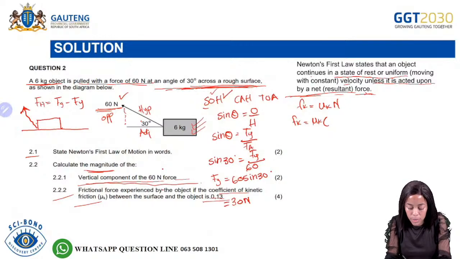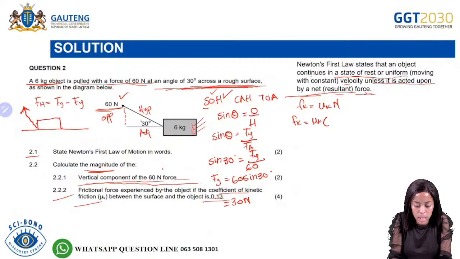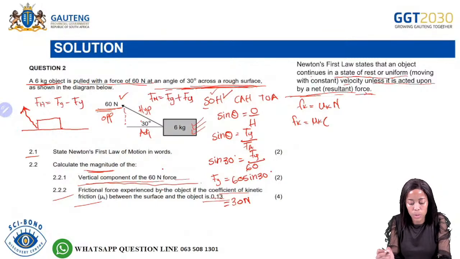And then if the arrow was facing the block, it means that it was going to be a pushing force. So if it's a pushing force, then how are you going to represent it? It's going to be Fn is equals to Fg plus Fy. So what do we have in terms of the normal force? I will substitute. It is Fg minus Fy.